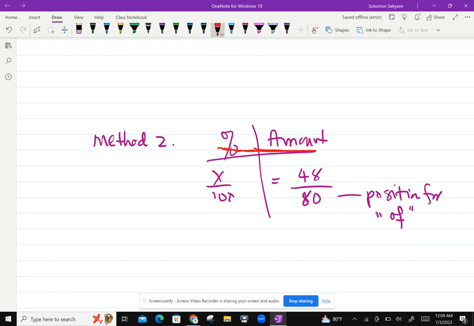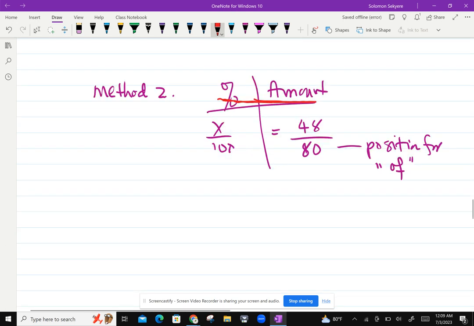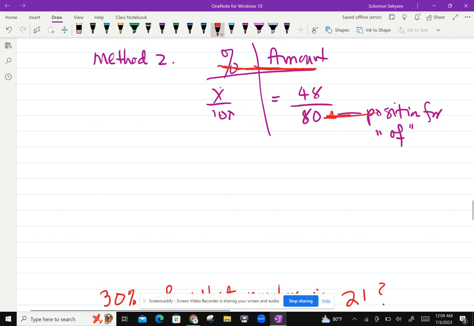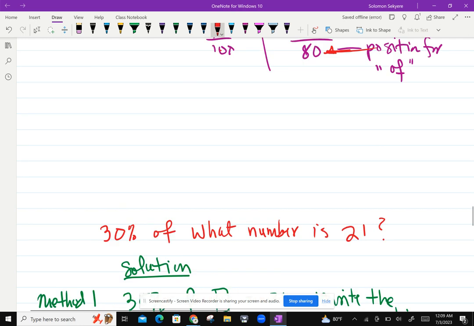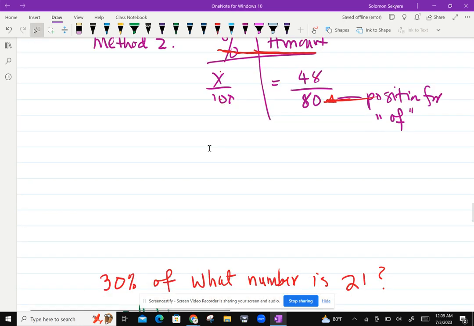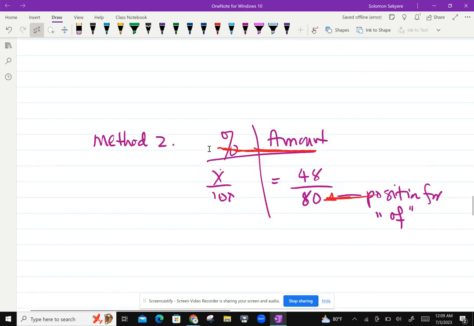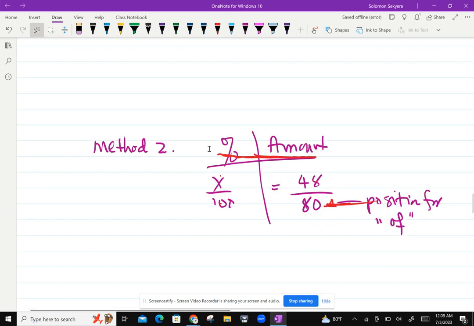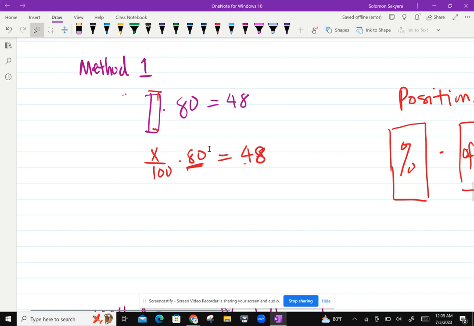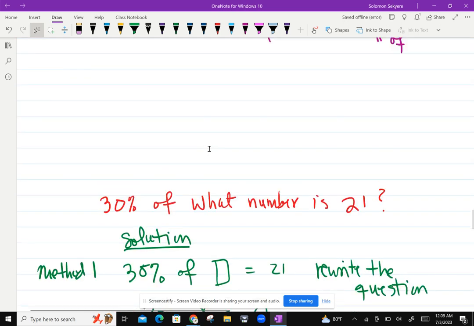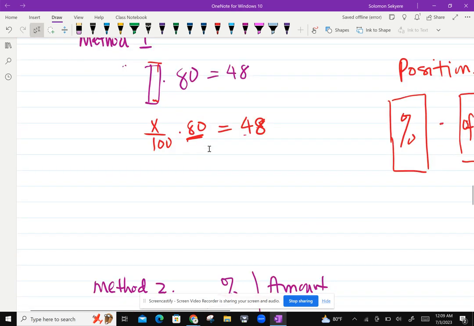What have you been asked to calculate? What you don't know is the percent side. So you write x over 100 equals 48 over 80. The denominator is the number that comes after the of. Cross multiply. Did you get 60? Send me your answer for this one.